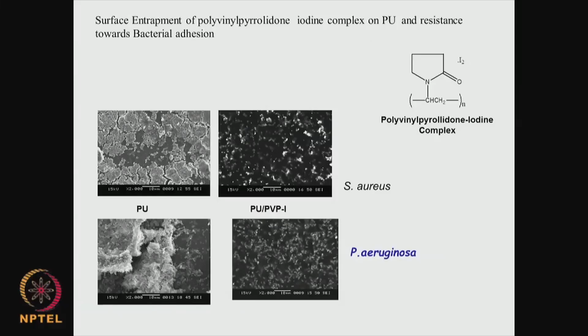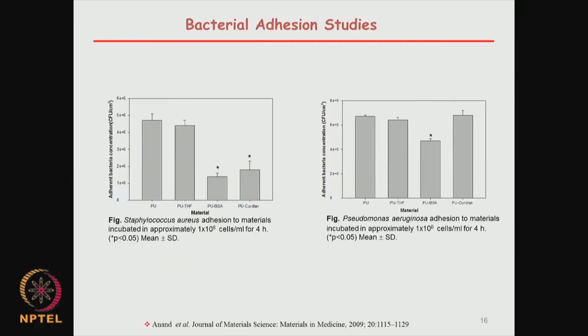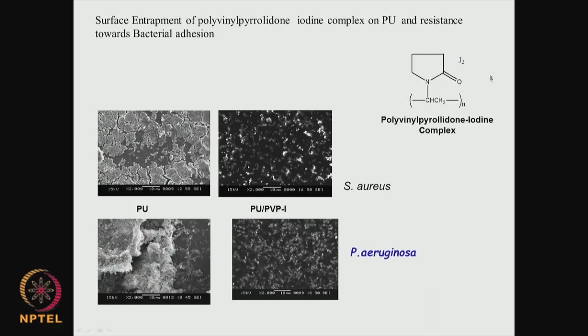Let us look at another example. Here we are immobilizing a material called polyvinyl pyrrolidone iodine complex on a polymer. So, it releases iodine continuously, and as you know, iodine is an antibacterial.